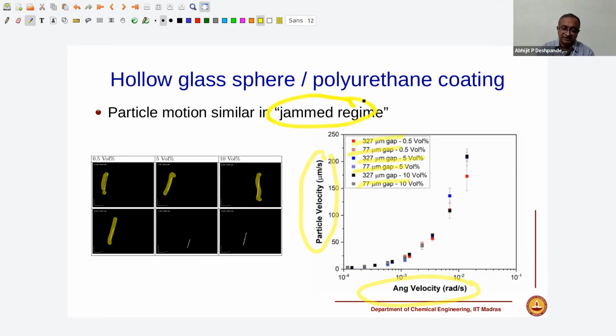So really, there is no jamming per se. It's not that particles have stopped moving, but the effective particle crowding leads to a higher mechanical stress. But there is no clump formation or aggregation of these particles to a jam state. So this is something we are still working on.